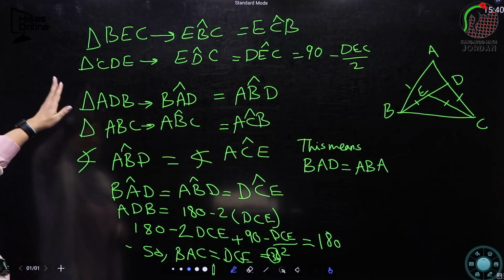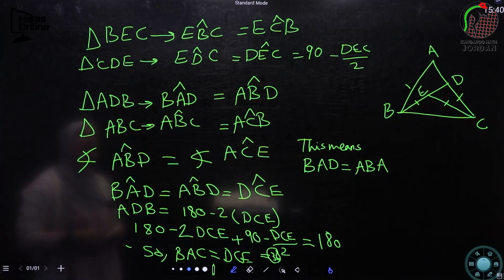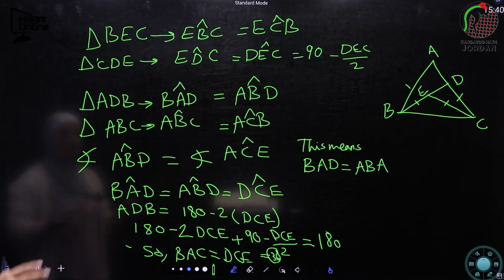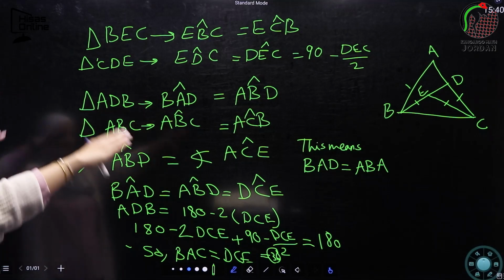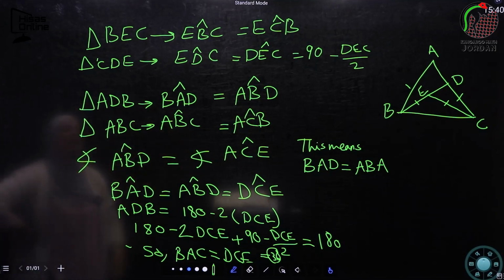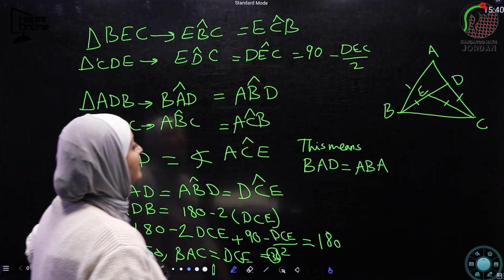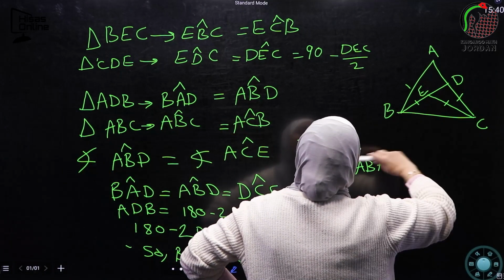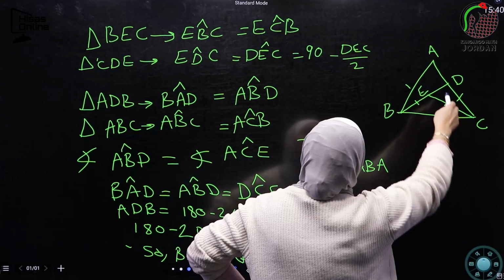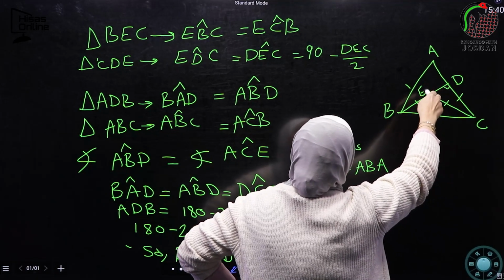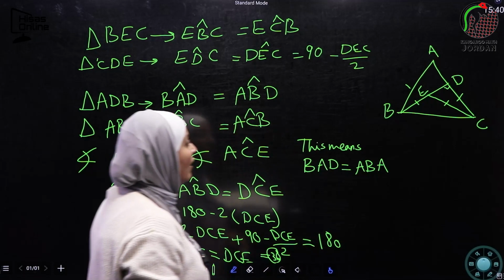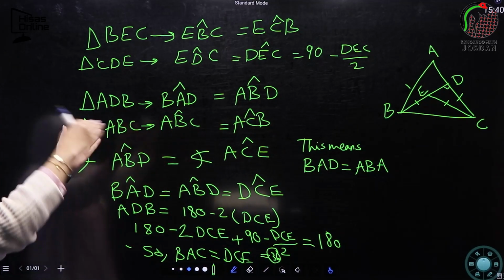After we see in the first triangle BEC, we see that angle B is equal to angle C, as you know, because they are on the isosceles part, to the right and the left. And as well, in CDE, angle D is equal to angle E, which is also 90 minus DEC divided by 2, because this is 90 minus this angle, and divided by 2 because it shares the same vertex.